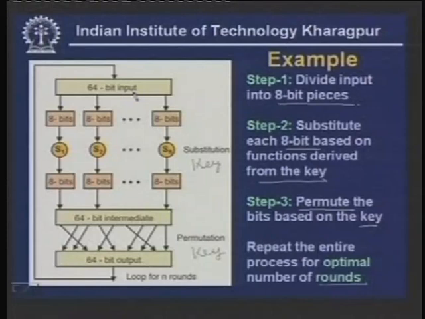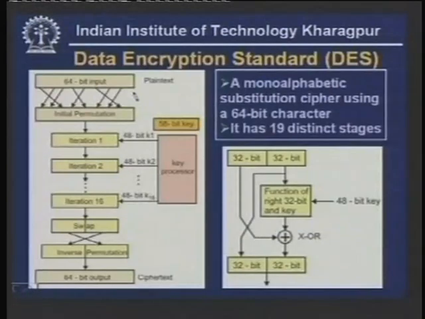Let us see a standard technique that is being used, which is known as data encryption standard, or DES. This was developed by IBM, and subsequently it was adopted by the US government for encryption of non-classified data.